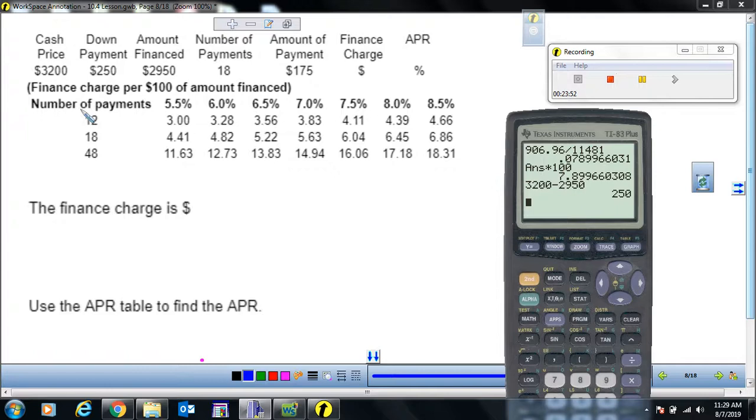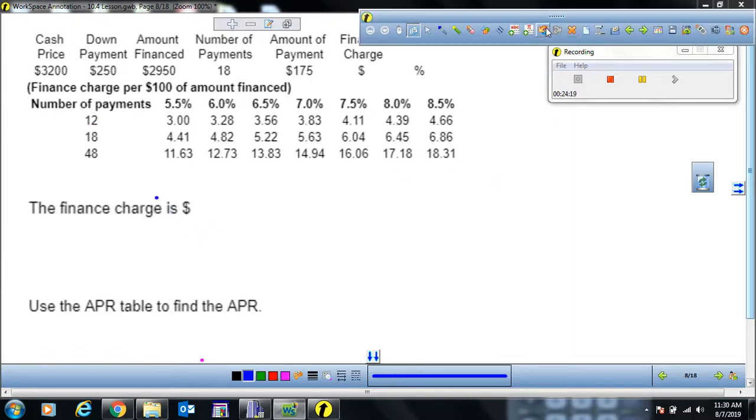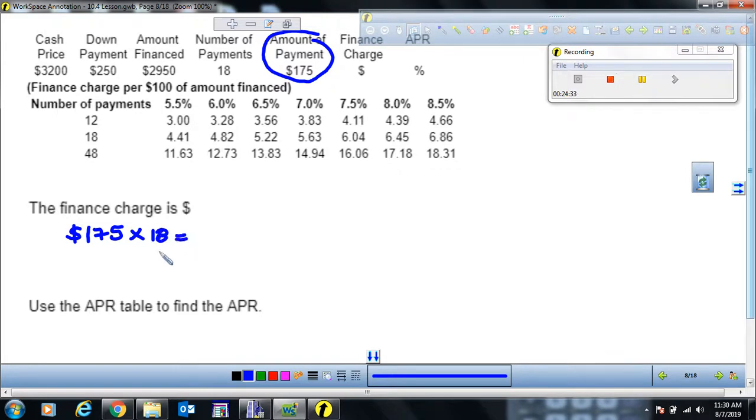What's the finance charge? In order to do this, you need to find out the monthly payment, $175 per month, times the total number of months you're going to be paying this amount. That's going to give you $3,150.